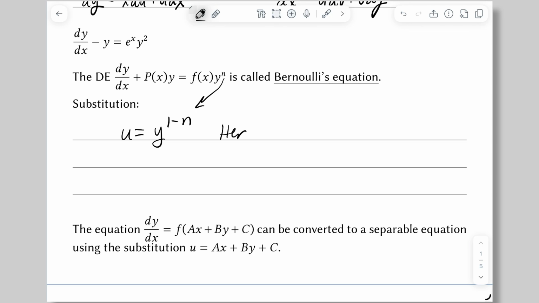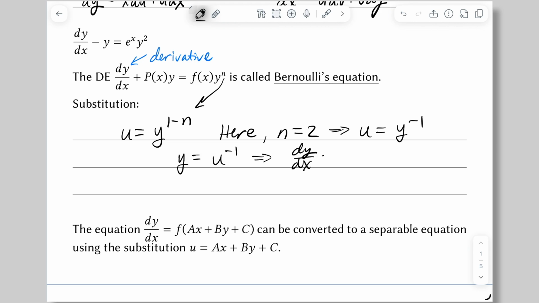In this case, we have n is equal to 2, and so u is equal to y to the negative 1. We're going to solve for y. In this case, that means finding the reciprocal of the left-hand side, so y equals u to the negative 1. And in our equation, dy dx is a derivative, so when I substitute, I want to use derivative notation.